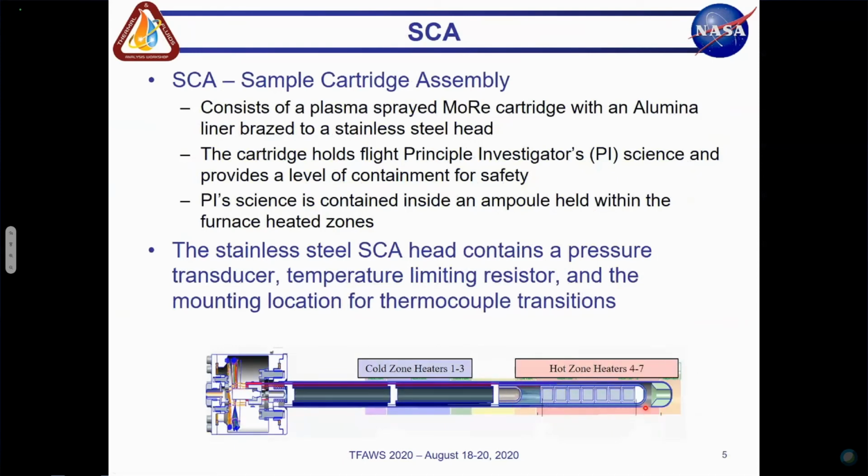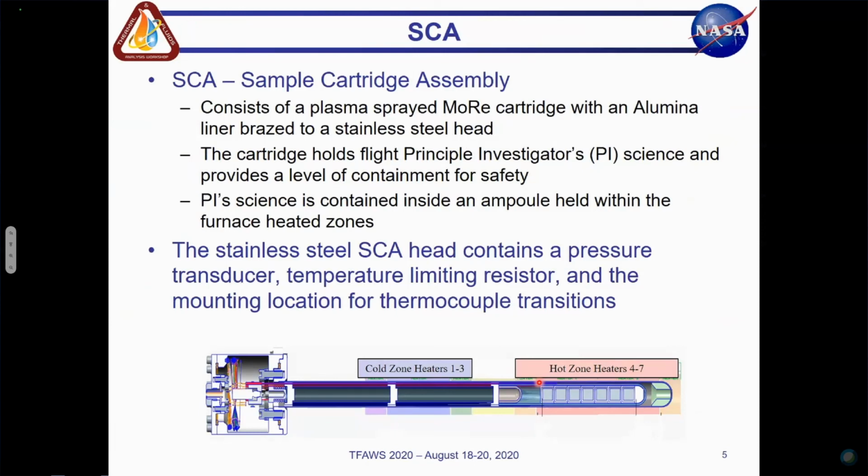We can look at the slides. The cartridge is exactly the same. With the laser pointer here, the PI is allowed an ampule to go into this region here, and they're allowed up to 12 thermocouples, and that is about all that they can change.